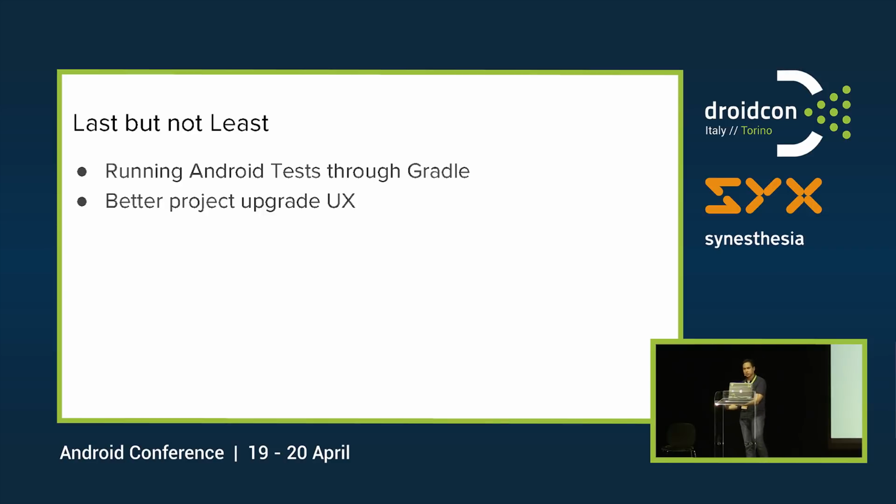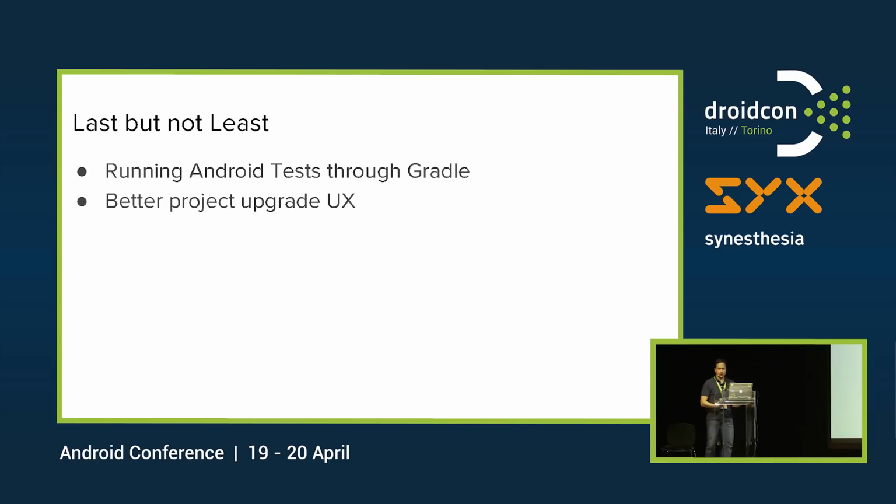But we cannot run Android tests because Gradle doesn't support that. We need to contribute support for running Android tests to Gradle. So this is something that we're working on now. So instead of us trying to build the same class path in the IDE as Gradle has it, instead we're just going to delegate test execution to Gradle.